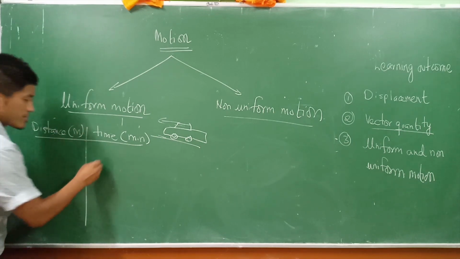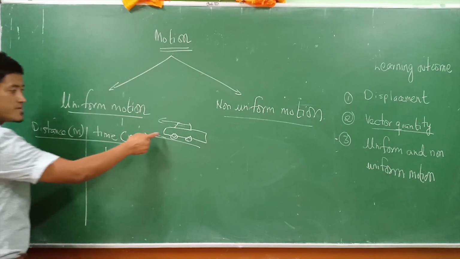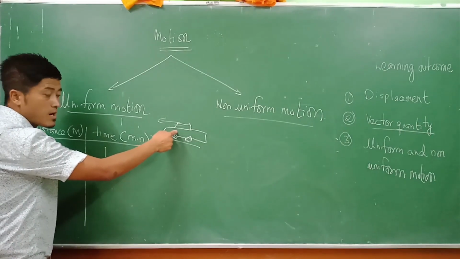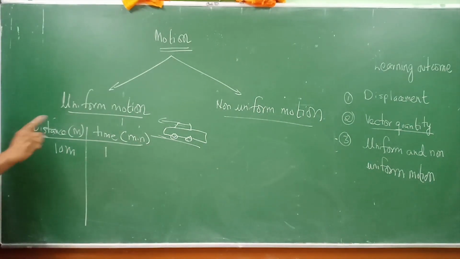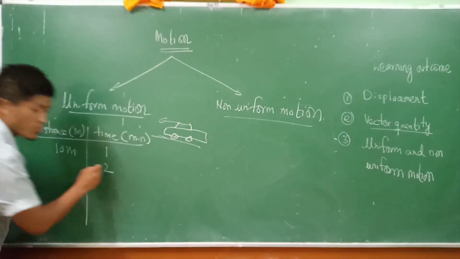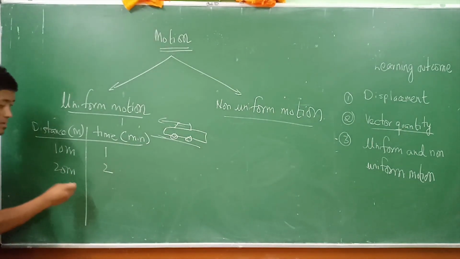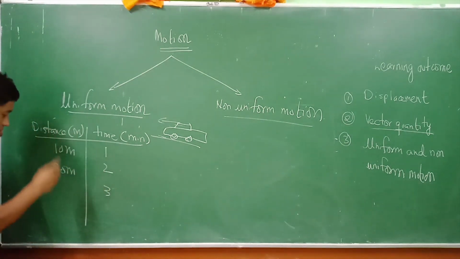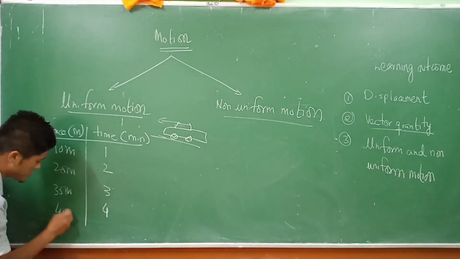Let's suppose in 1 minute, this particular car covers 10 meters. In the next minute, that is 2, it covers 20 meters. In 3 minutes, 30 meters. In 4 minutes, 40 meters.